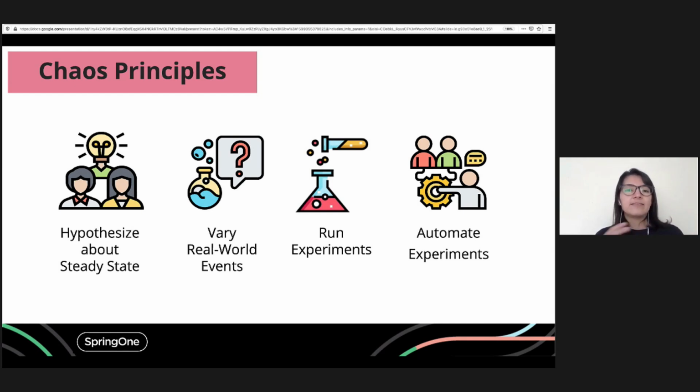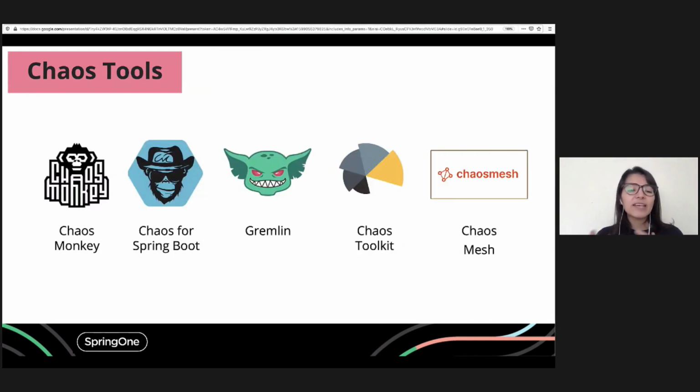In the third principle, we run the experiments verifying hypotheses, for example when servers crash. And finally, the idea is to automate these experiments using infrastructure as code or other DevOps principles.